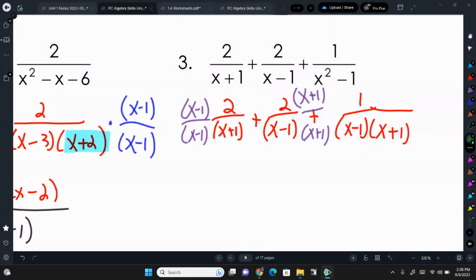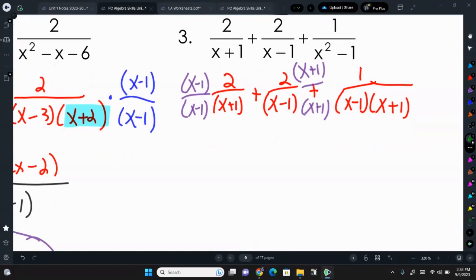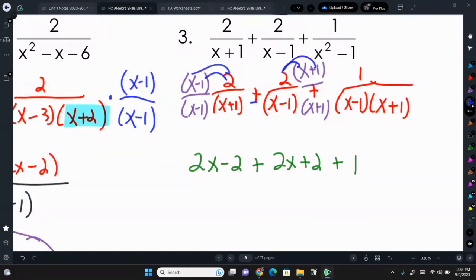So again, we're going to distribute the numerator. So we're going to get 2x minus 2 plus 2x plus 2 plus 1, because again we distribute this plus sign, distribute that plus sign 1. All over our common denominator of x minus 1 times x plus 1.